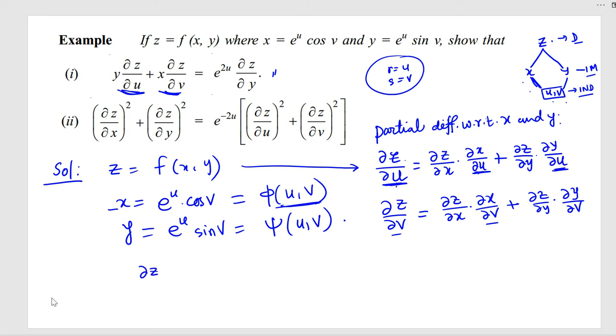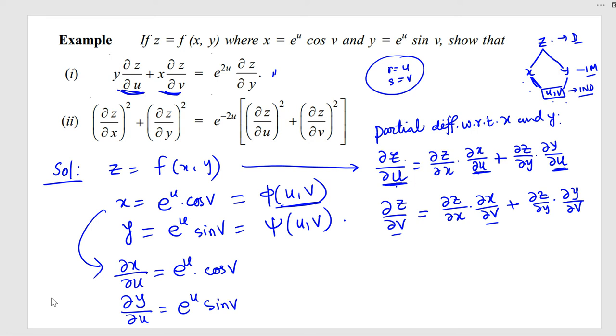So let us calculate these derivatives here. From here we get del x del u, so e to the power u into cosine v. And del y del u, so e to the power u sine v.